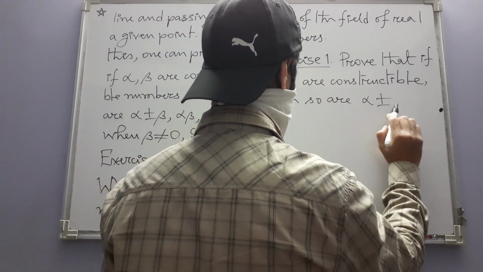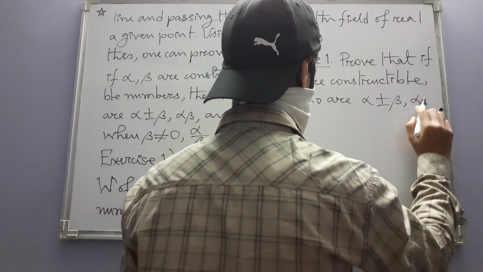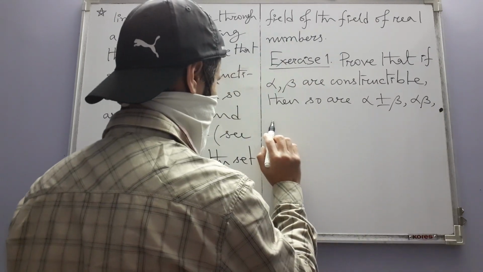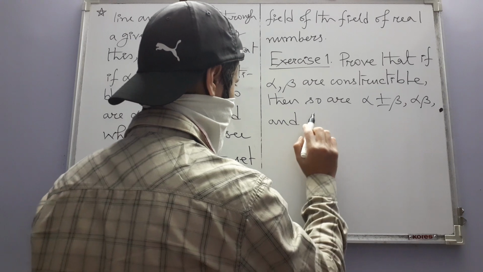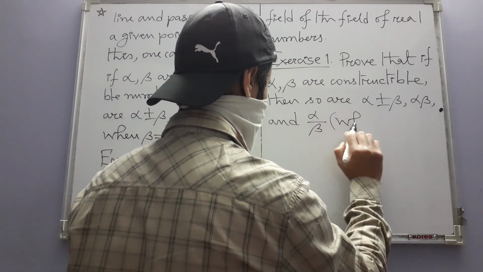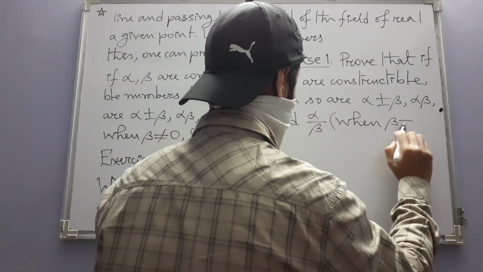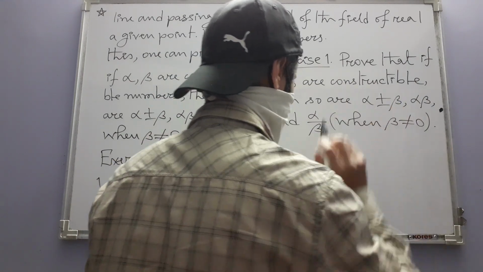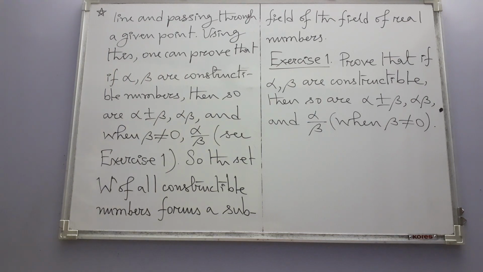So are alpha plus or minus beta, alpha beta, and alpha over beta when beta is non-zero. The solution.